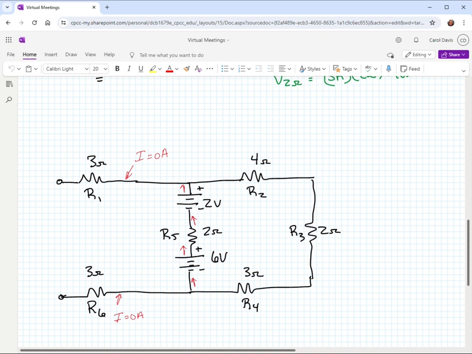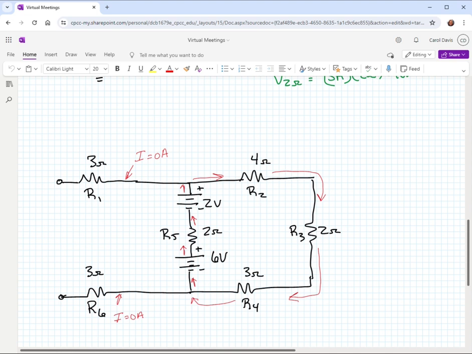Now, if this current were to go to the right, it would continue on through the 4 ohm resistor, continue on through the 2 ohm resistor R3, continue on through R4, which is a 3 ohm, and look right here, it does indeed get back to the circuit.